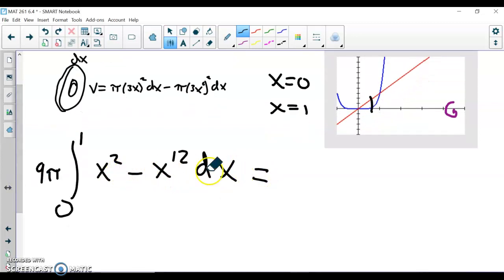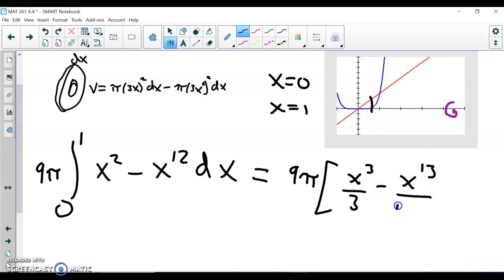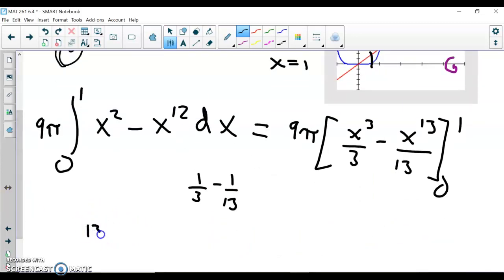Exact answer using the calculator. I mean, let's see, we've got 9 pi times x cubed over 3 minus x to the 13th over 13, from 0 to 1. And let's see, we get 1/3 minus 1/13. And plug in 0, you get 0. So that'll be 39. So we're talking 13/39 minus 3/39 is 10/39.